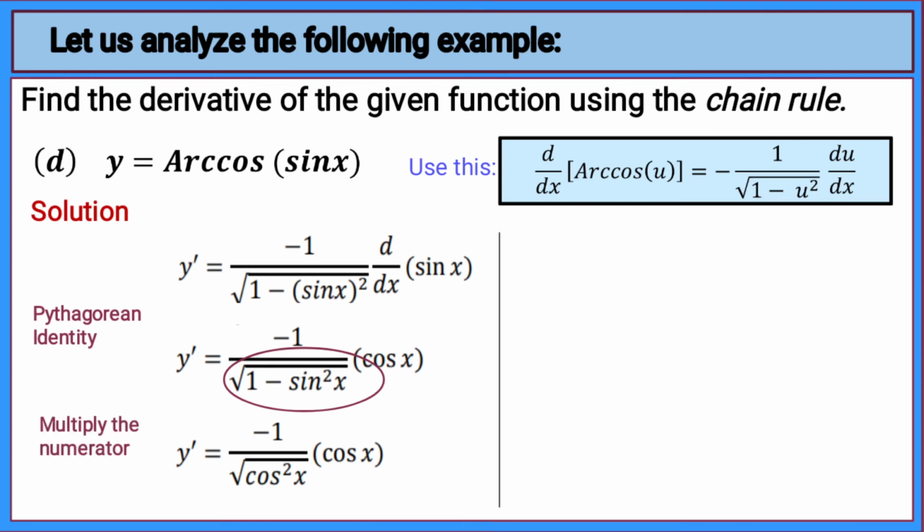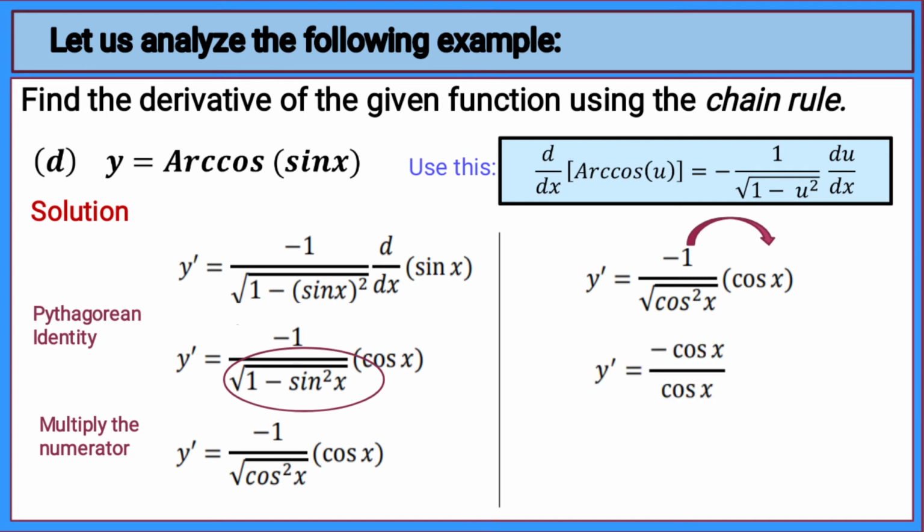And we multiply the numerator, negative 1, by cosine x. So we get y prime is equal to negative cosine x over cosine x. Then we can cancel these two. So our final answer for the derivative of arc cosine of sine x is negative 1.